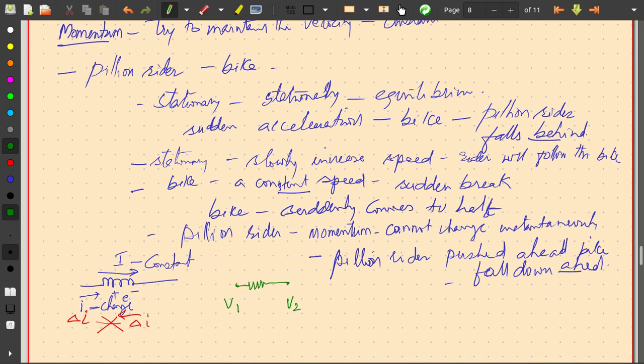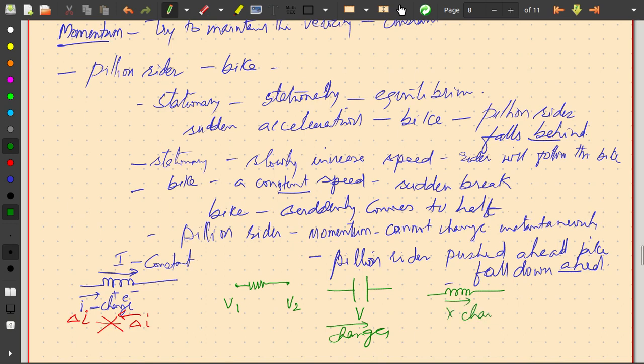And when you want to store energy in the form of electric field, you can make use of a capacitor, or when you want to allow only changes, you can use a capacitor, or when you don't want to allow changes, use an inductor.